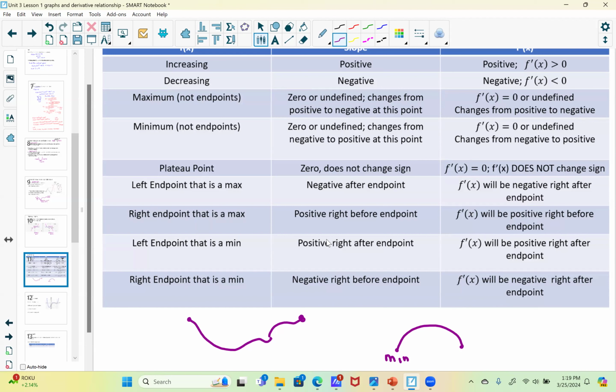So that means my slope will be positive right after it, and f prime of x will be positive right after the endpoint. And if I have a right endpoint that's a min, then my function is decreasing right before it. So the slope is negative and the derivative will be negative right before the endpoint. And so this is a summary of all of those rules.